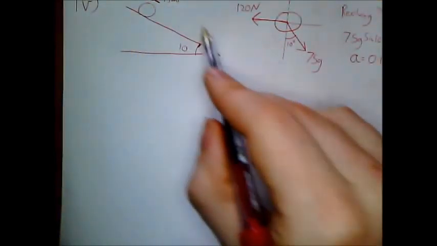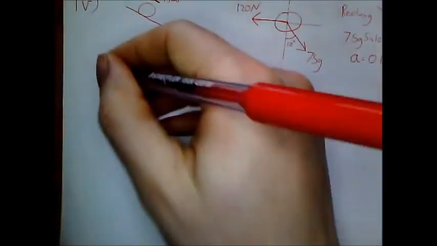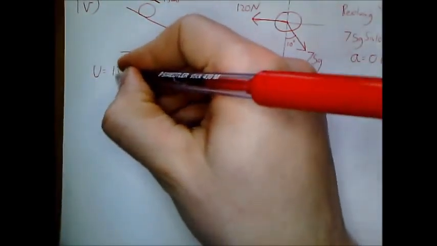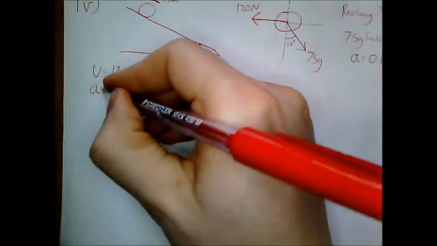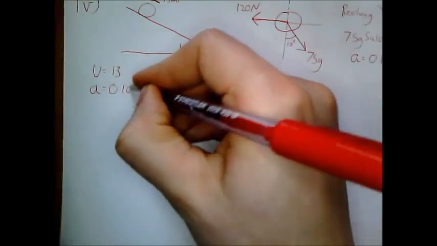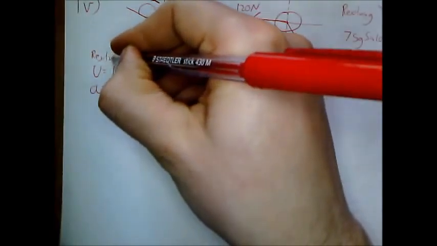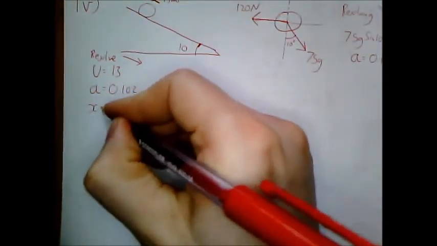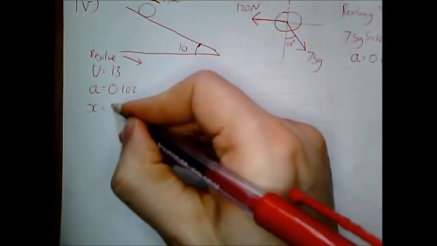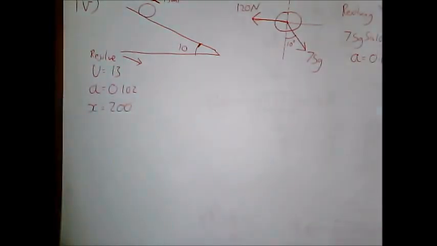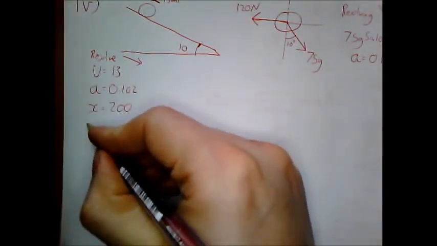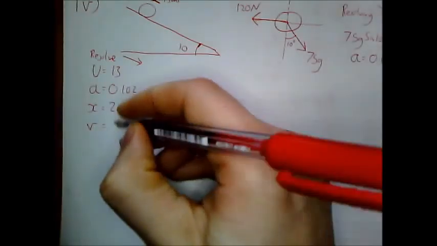Now we know that this distance in total is 200 meters. So u equals 13, a equals 0.102, we're resolving down the hill, he's got to travel 200 meters, and we are being asked to find his velocity at the bottom of the hill.